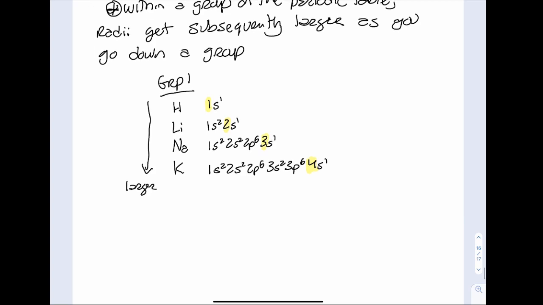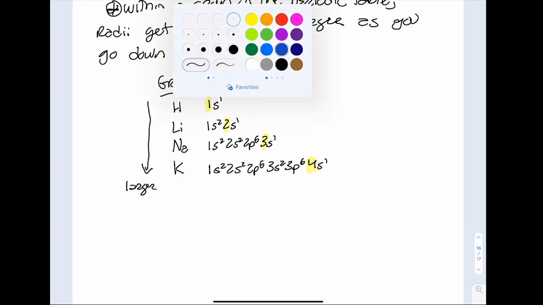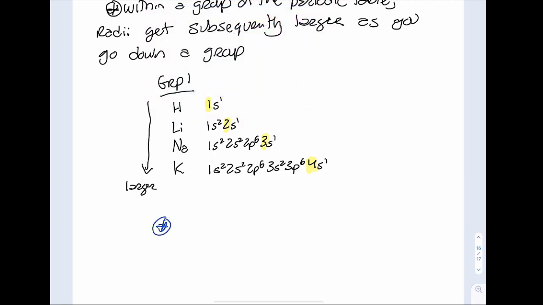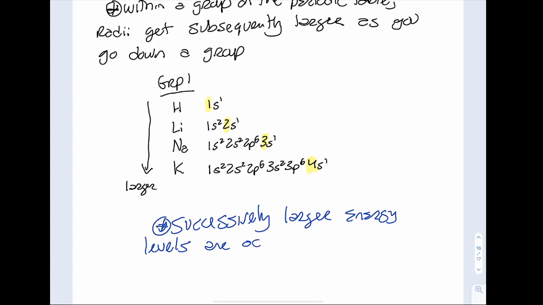So as we go down a group, successively larger energy levels are occupied with electrons.